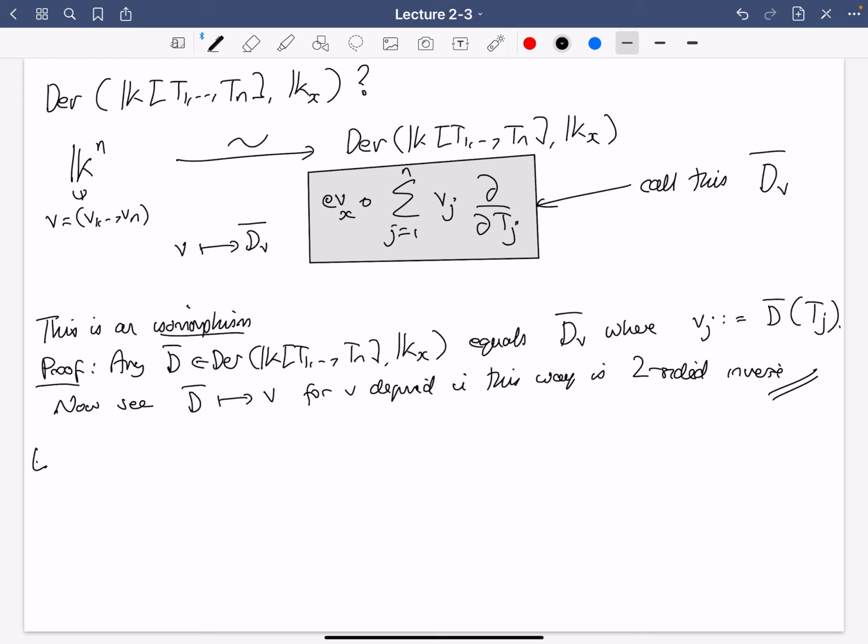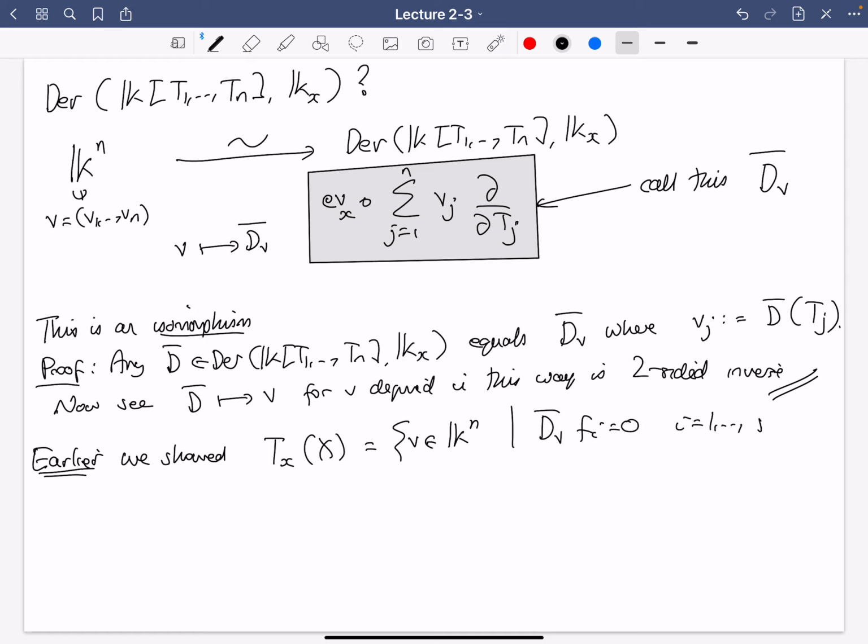Now earlier, in our provisional definition of tangent space, we showed that the tangent space of big X at little x was the set of all vectors in Kn, that's the tangent space of the whole of affine n space, such that dv bar fi is 0 for i equals 1 up to s.